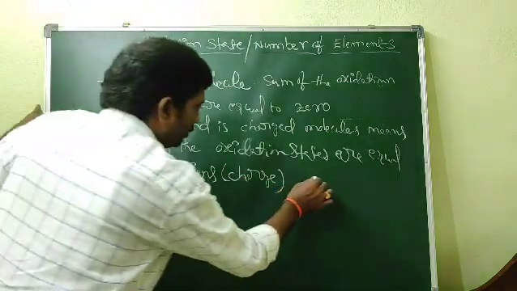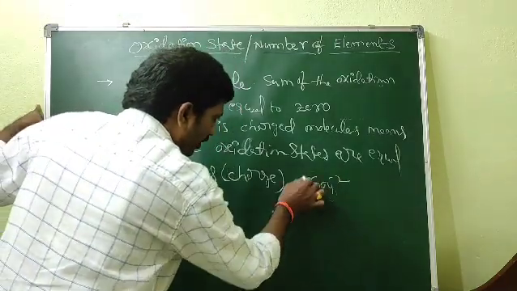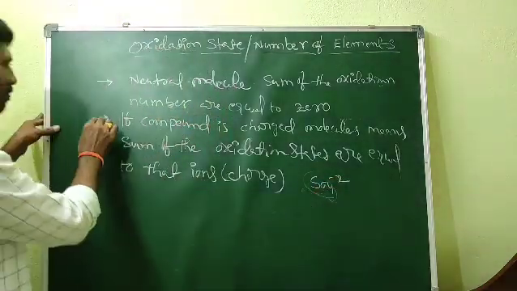So for example, SO4 minus 2 is there. So the total of these atoms' oxidation states is equal to minus 2. That is the meaning of this.